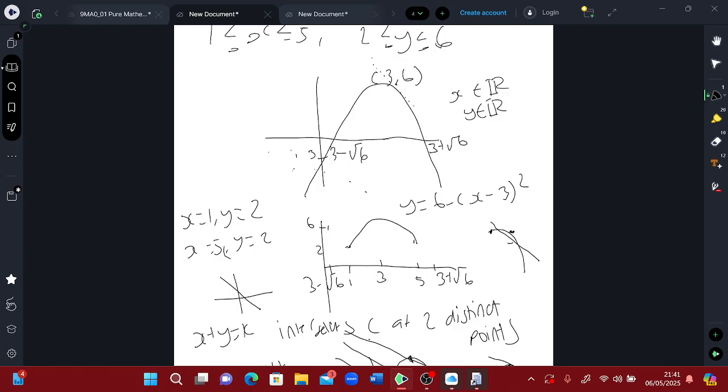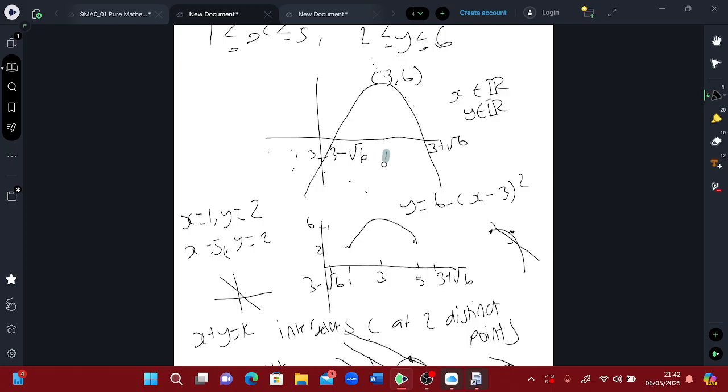And I'll say that because there was another question on another past paper where it asked you, similarly to this, about another line, and it asked you to find the values of k again. But you couldn't use a discriminant because x was bounded. It only gave you a subsection of the graph, instead of fully completing it. So it's very similar to this.